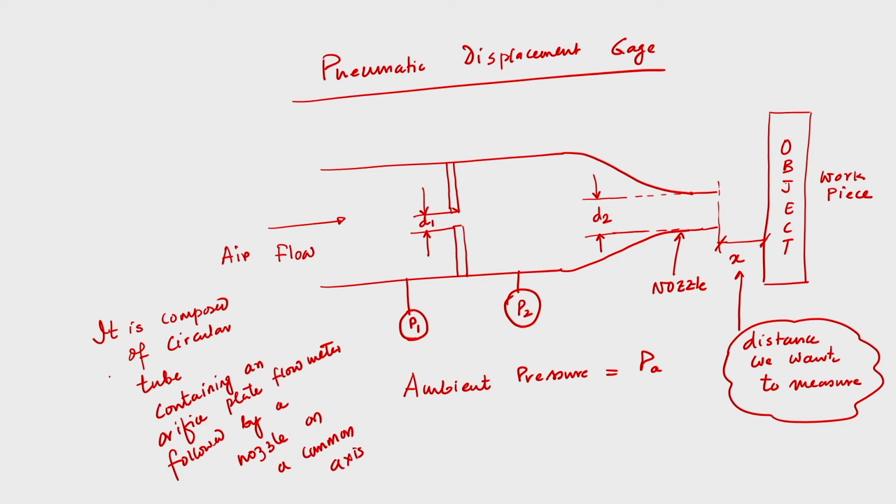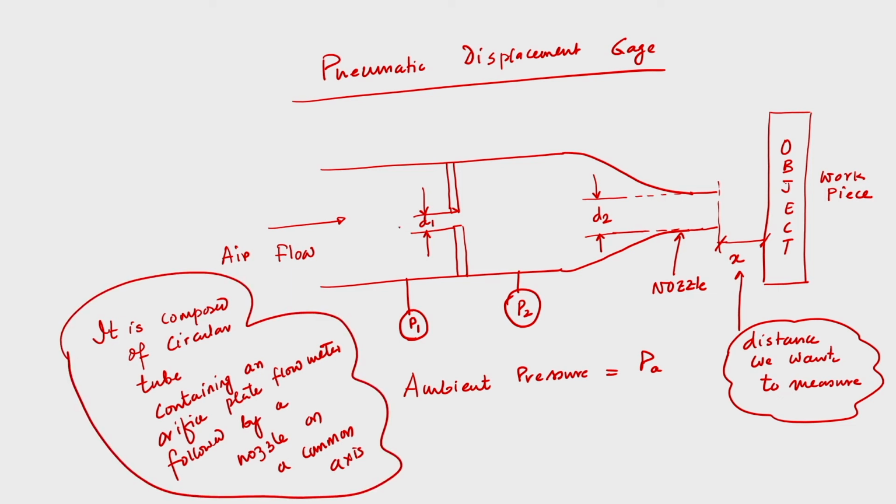So, this is the structural shape, and that is what I have written over here, that the axis is common. So, basically this is the axis. Say this is the orifice, this is the orifice plate, and the orifice plate flow meter is followed by a nozzle on the common axis.